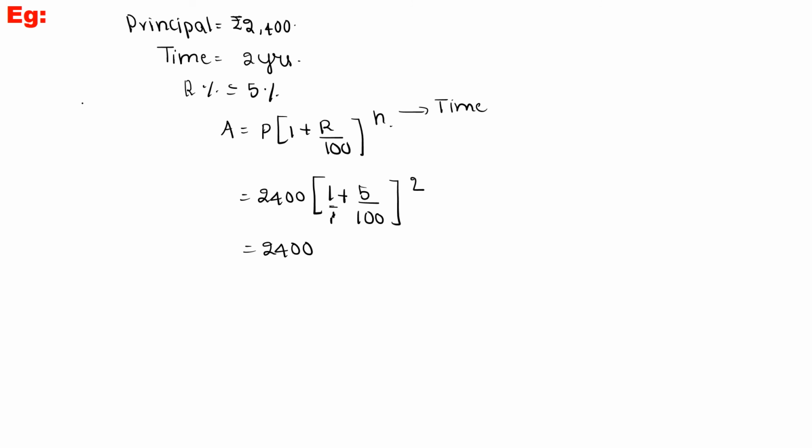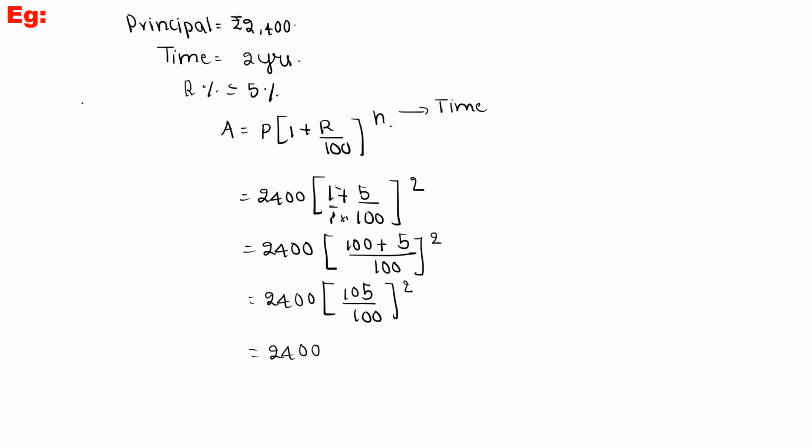Then if we do LCM, 1 into 100, and we get 100 plus 5 by 100 whole power 2. 2400, 100 plus 5 is 105 by 100 whole power 2. Now 2400 into 105 by 100, into 105 by 100.